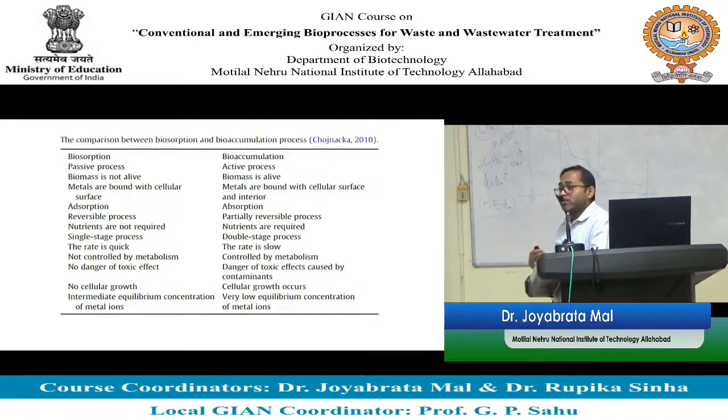Okay, bioabsorption is happening, they will bioaccumulate, so the surface becomes free again. So it's a continuous process, biomass is growing continuously. So that's why in bioaccumulation we can run the system for much longer compared to bioabsorption. One is non-continuous and another one is a continuous process.